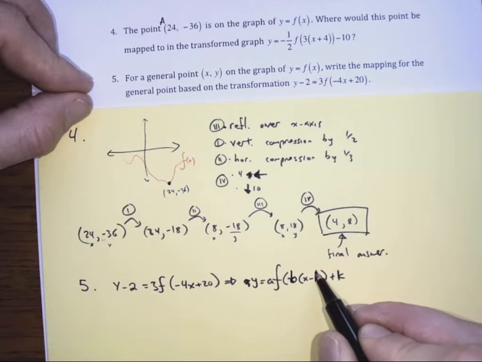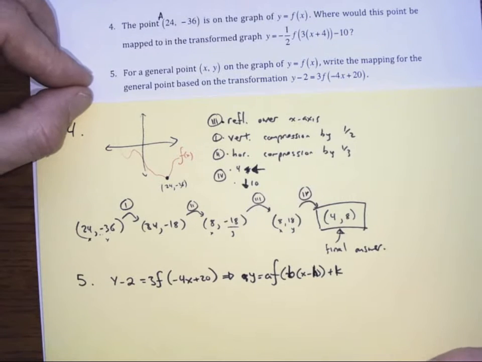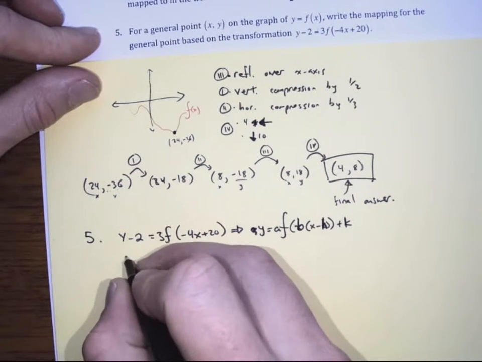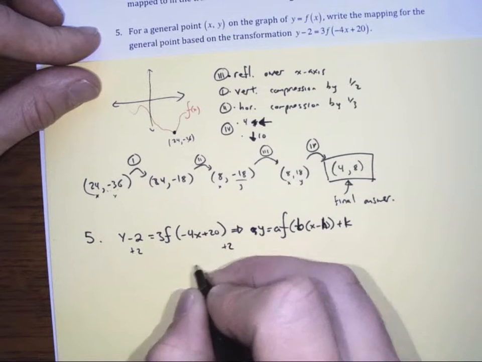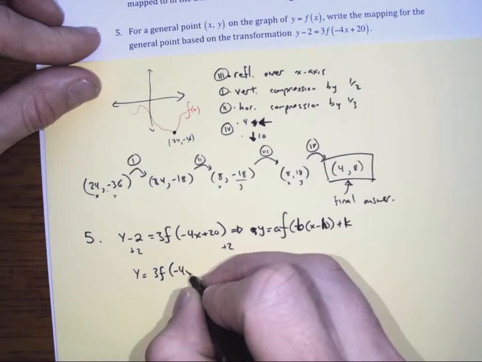Made a bit of a mess of that. I hope you can make it out. As you can see, y is not isolated, so I'm going to add 2 to both sides to isolate y. y is equal to 3f(-4x + 20) plus 2.